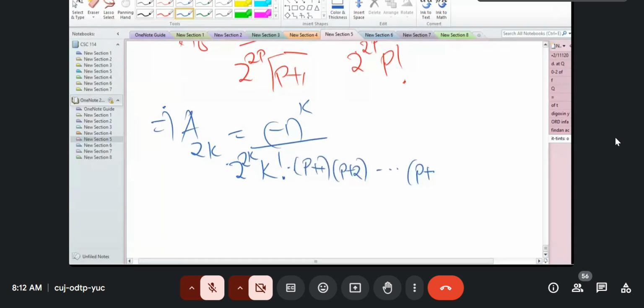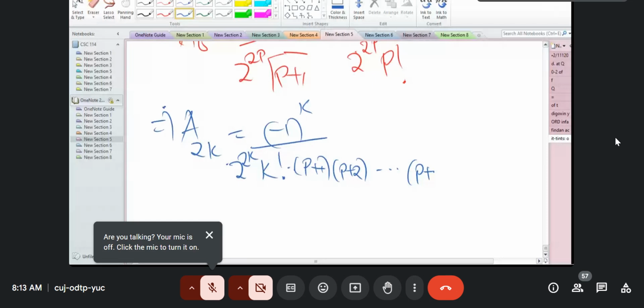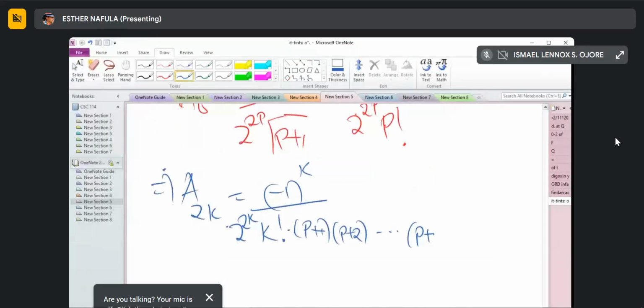We have p plus k times, we insert our A naught. Our A naught is 1 divided by p factorial. Let's pause and then go to the gamma function. We'll come back to that.